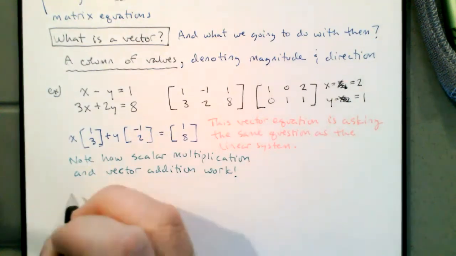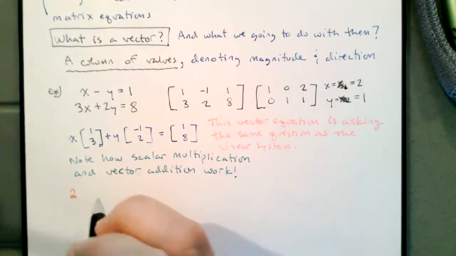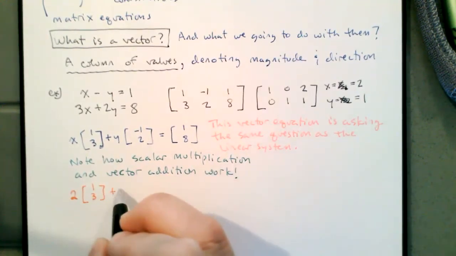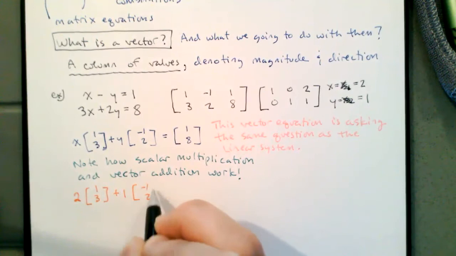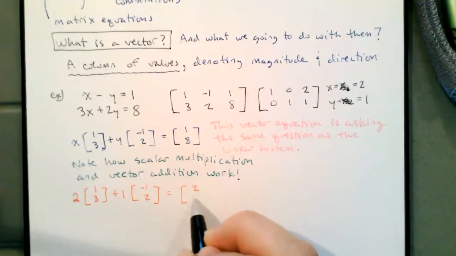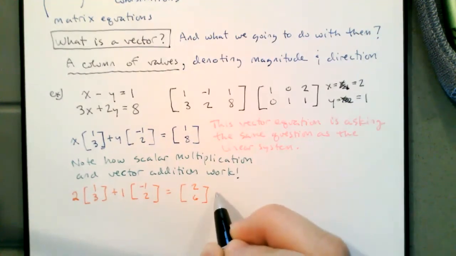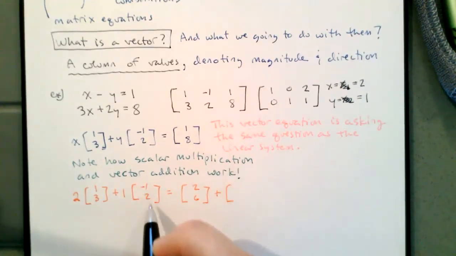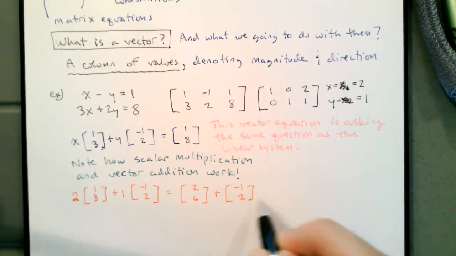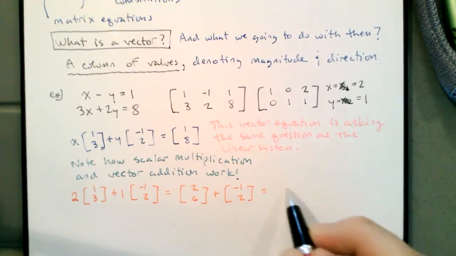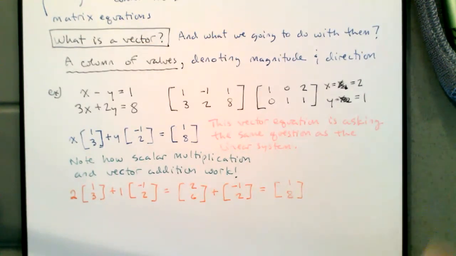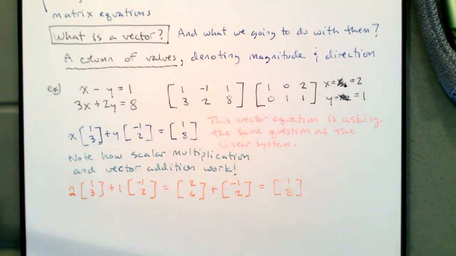If I take 2 times the vector 1, 3 plus 1 times the vector -1, 2, let's see what we get. 2 times the vector 1, 3 is 2, 6. 1 times the vector -1, 2 is -1, 2. And if I add these together, 2 minus 1 is 1. 6 plus 2 is 8. Just as we had foreseen.